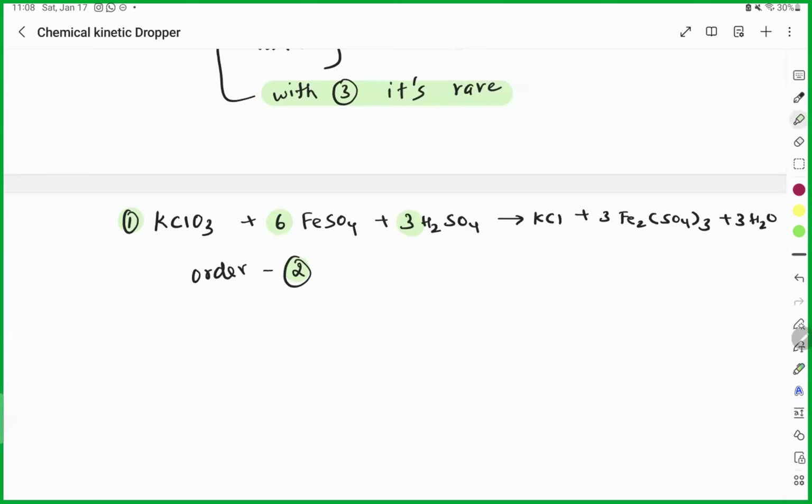Logically, it should be 10, but it is not. Why? We said even with 3 it is rare, so how could it be 10? Practically not possible. Mostly one or two molecules collide at a time, not thousands of molecules. Normally, at a time, one or two molecules interact with each other, not multiple types of molecules.